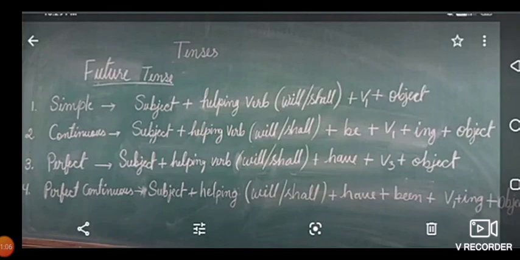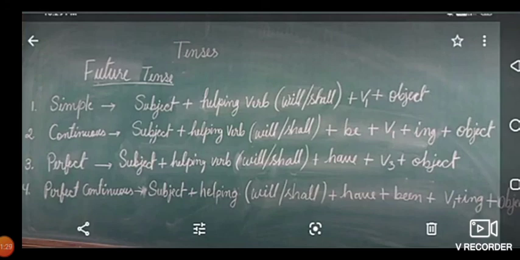Now, let's see the second one, that is the continuous. The formula is subject plus helping verb will or shall plus be plus first form of the verb plus ing plus object. So it becomes she will be writing a letter.